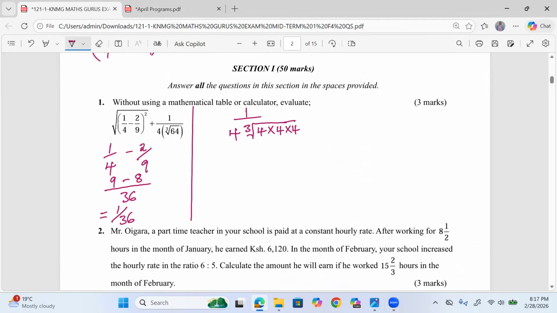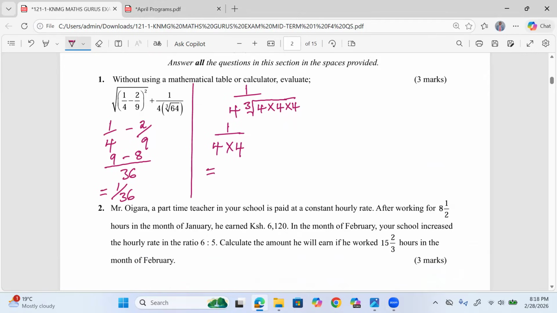And you discover now 1 out of 4 multiplied by, when we are finding the third root, we just pick out of these 4s, because there are 3, we pick only 1. And you discover that the third root of 64 is 4. Therefore, this is now 1 out of 16.